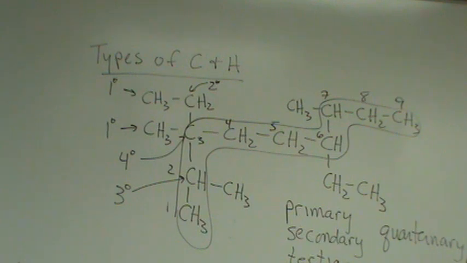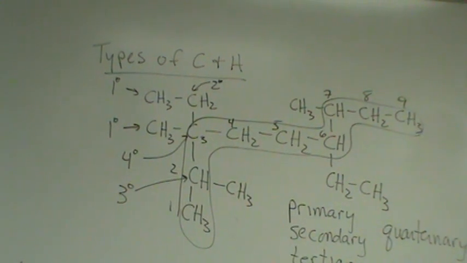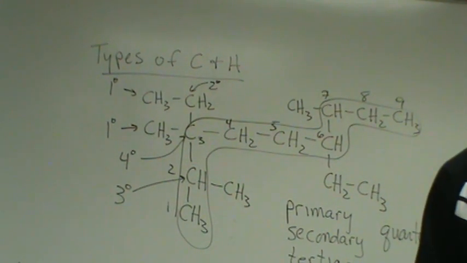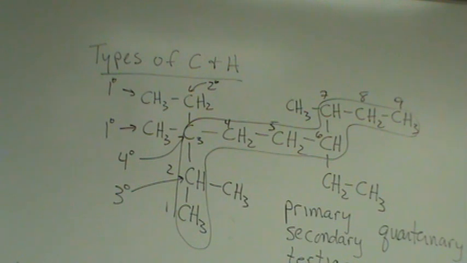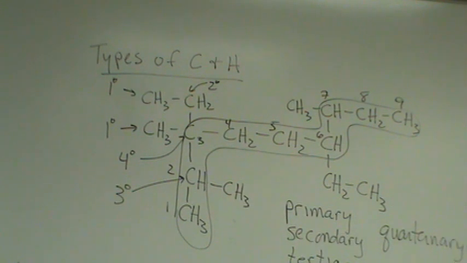Is there a tertiary hydrogen up here? Yeah, right there. Okay, and then you can label all the rest. Any questions on this? On how to label hydrogen and carbon types? Any questions? Okay. Make sure you can do that on the exam. Okay?